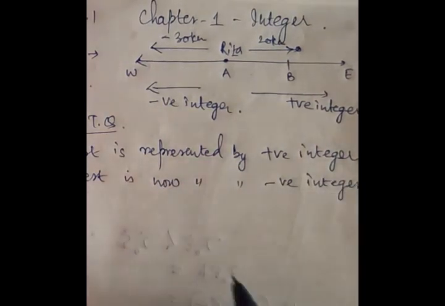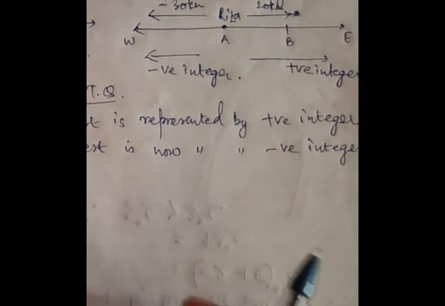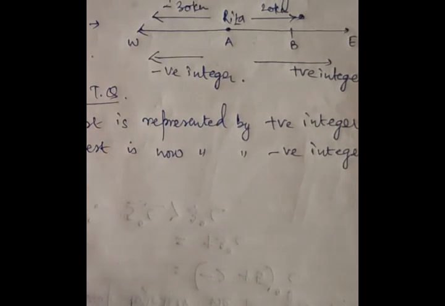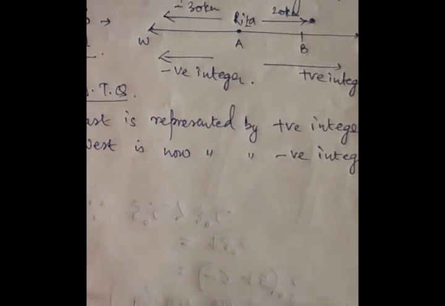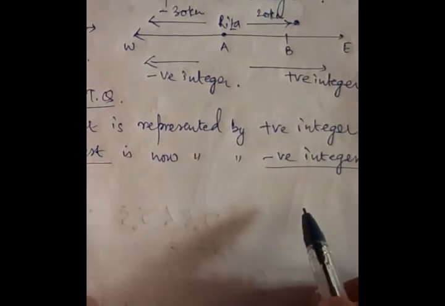So our first question is solved now. What they asked in the first question: how will you represent the distance traveled by the west? The distance traveled by the west is a negative integer.